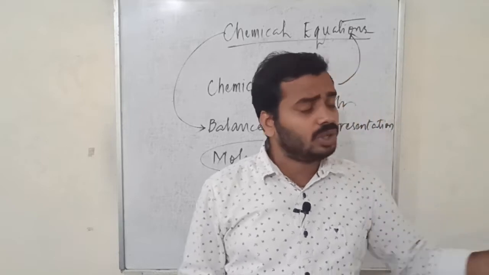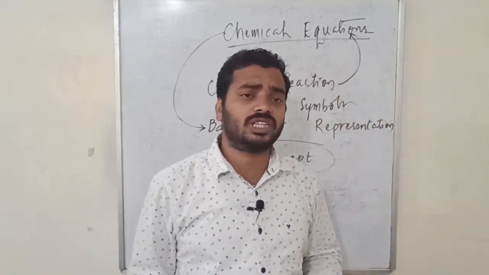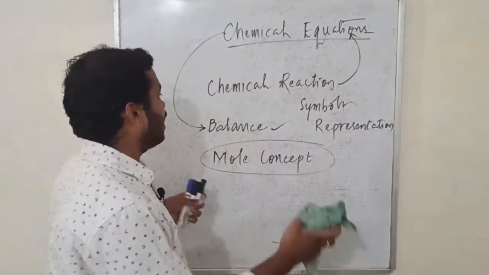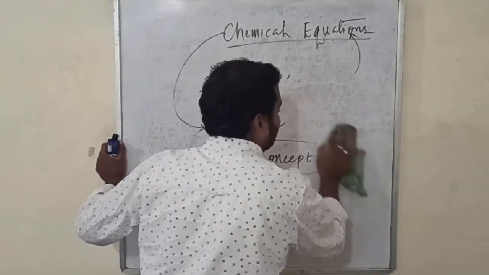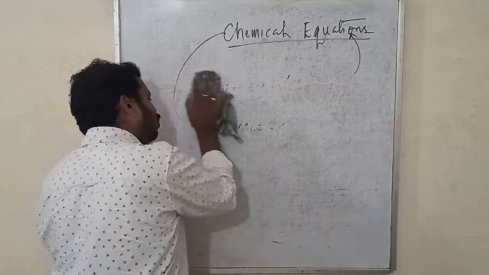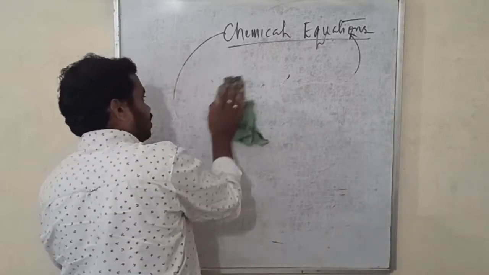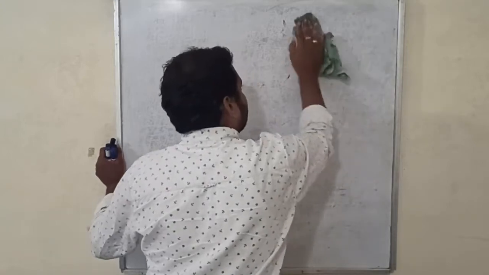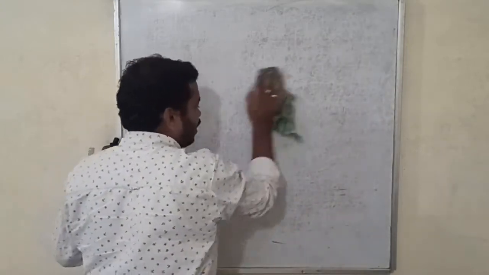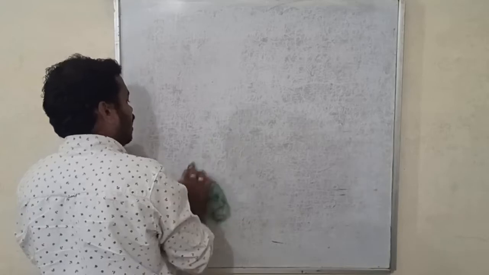For that, we need to know a very important topic, that is chemical change and physical change. What is chemical change? What is physical change? Both of these changes appear in our day-to-day lives.